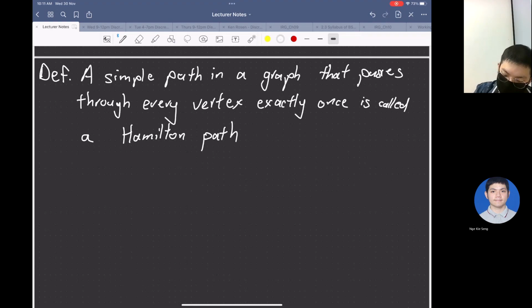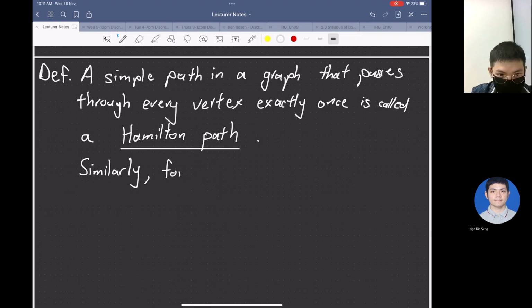Just now it was edges, now it's vertices. Similarly, you can define it for circuits. I don't need to repeat it: you just change path to circuit, where you start and end at the same vertex.